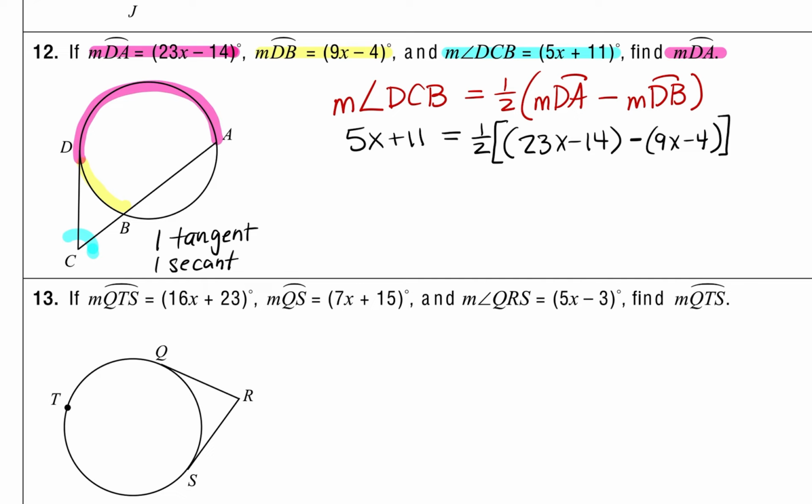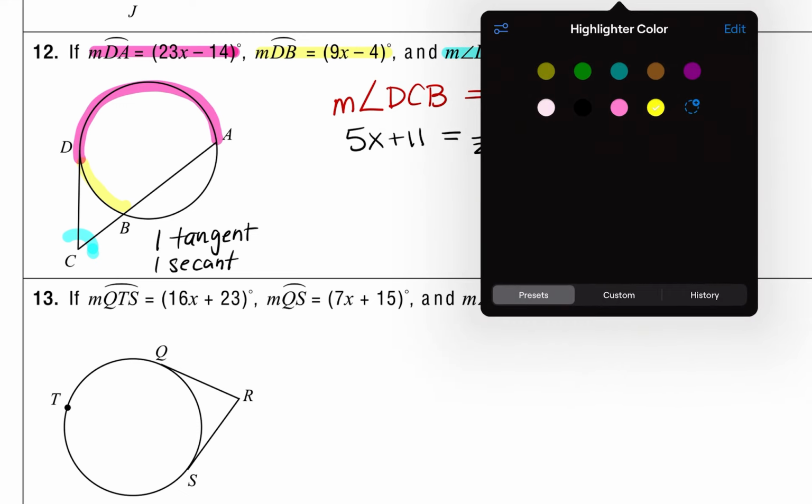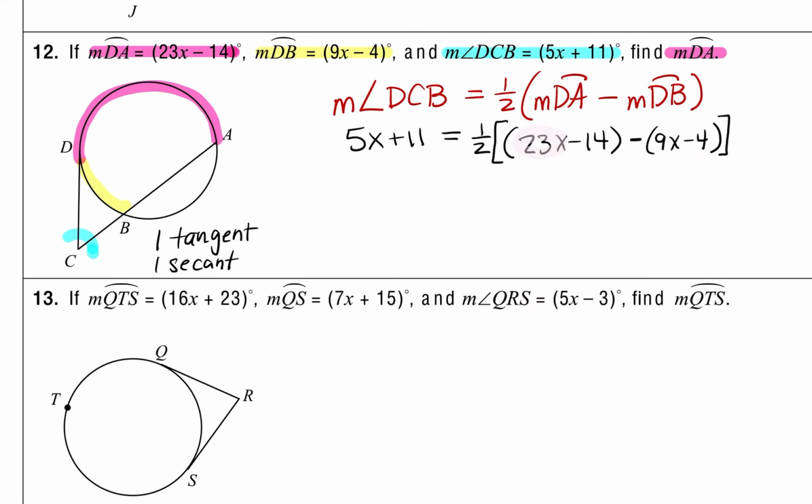According to PEMDAS, I need to first do what's inside of my parentheses or in the brackets that I have. So I'm going to subtract 23x minus 14 minus 9x minus 4. So we're doing 23x minus 9x. And that should give you 14x.